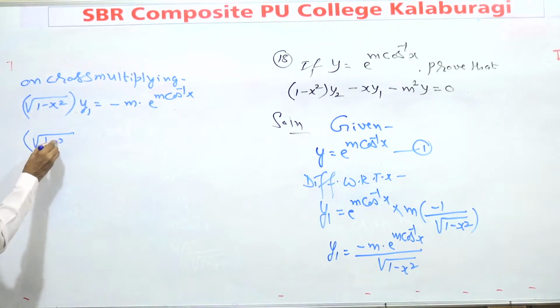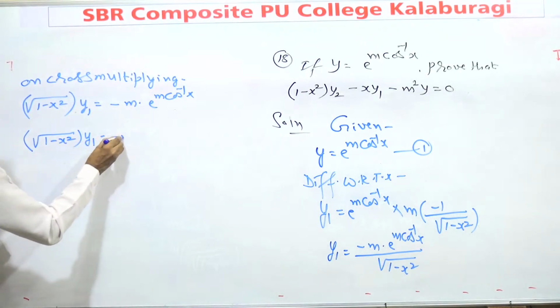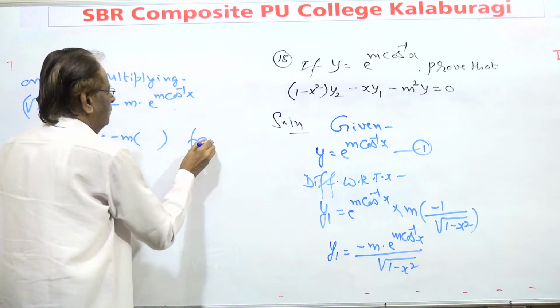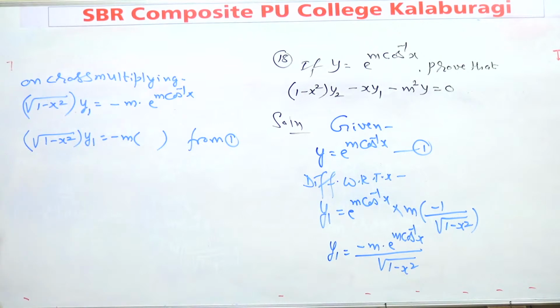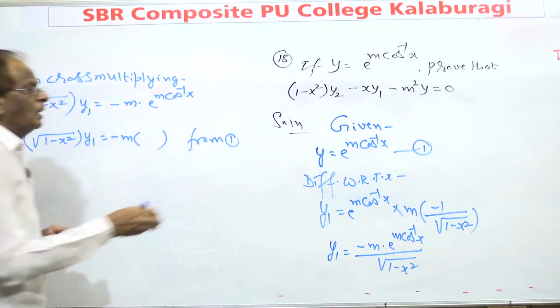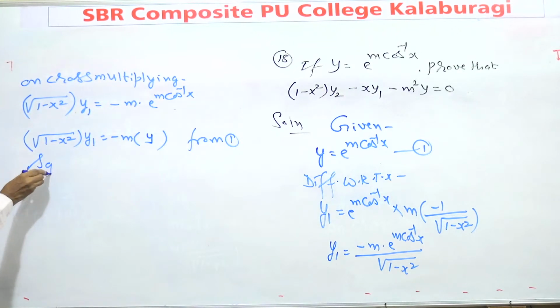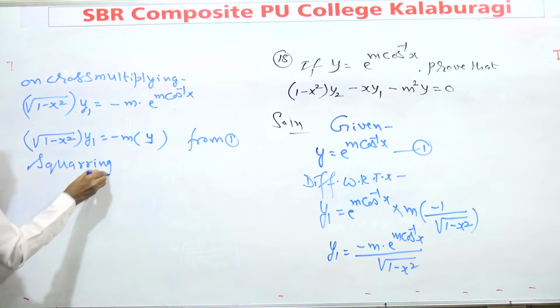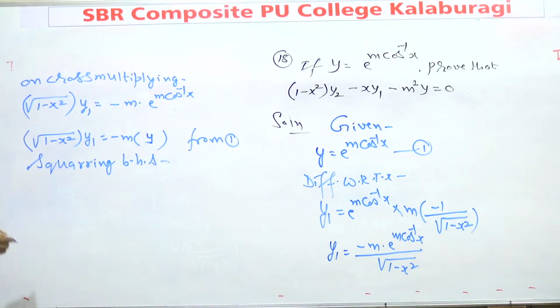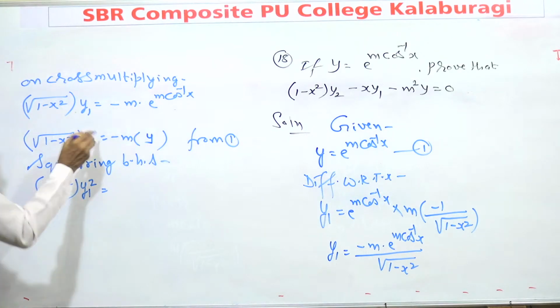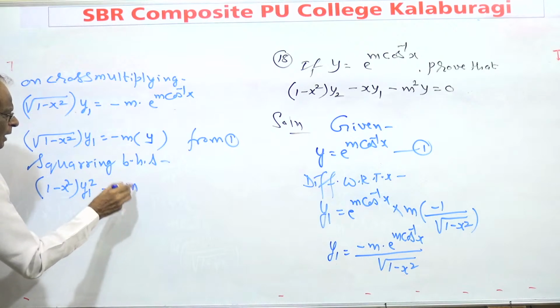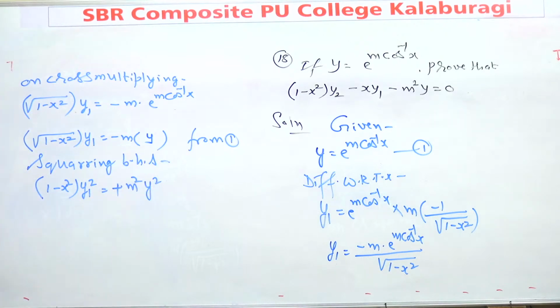Root of 1 minus x squared into y1 equal to minus m, and e to the power m cos inverse x is y. Squaring both hand sides, root whole square, root cancels. 1 minus x squared into y1 square equal to m square y square.